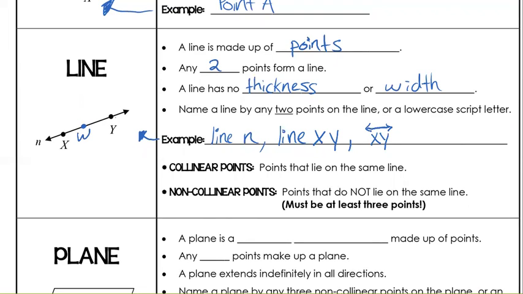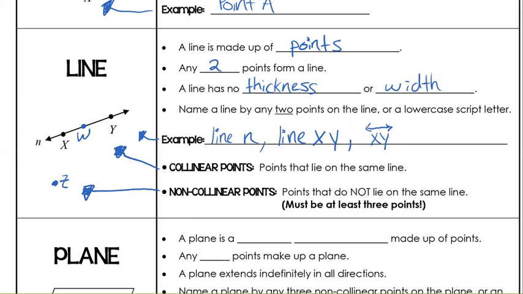So X, W, Y, that's collinear. Now, if I put a point out here and label it Z, point Z, this is non-collinear. It's non-collinear to X, W, and Y.